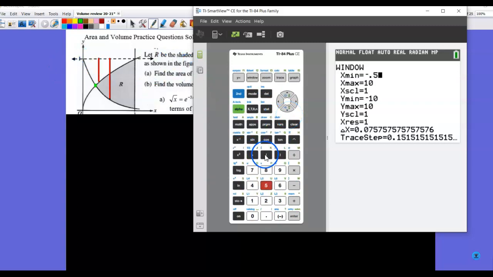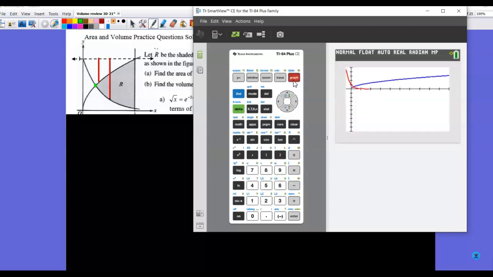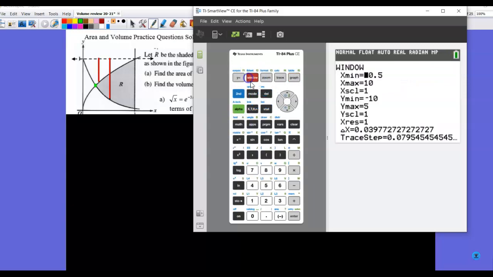And maybe I'll lower the window. You don't have to do this, but I'll let my y max be 5 and see what that looks like. Again, this is totally unnecessary. I'm just trying to make a better window.